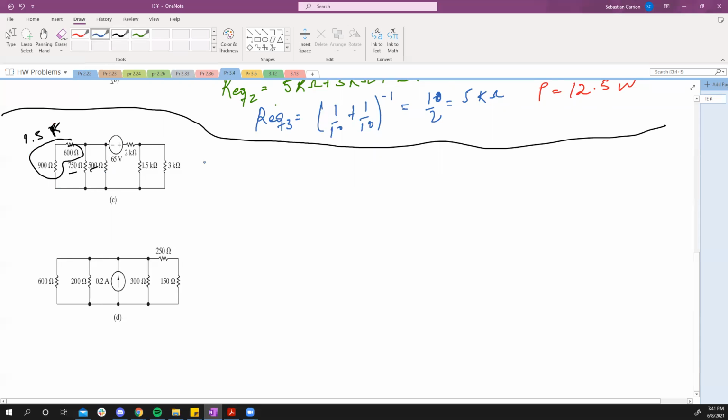So I'm gonna do that. I'm gonna call this the equivalent 1, and so it's 1 over 1.5K plus 1 over 750 plus 1 over 500.